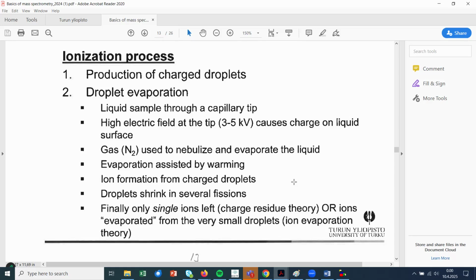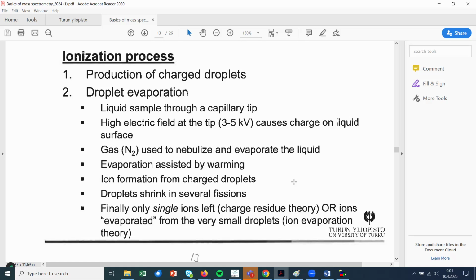When these droplets are formed, they are charged, and then the solvent will be evaporated slowly, and the droplets will become smaller and smaller. They shrink in several fissions.